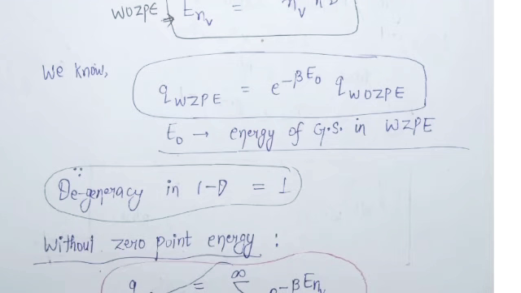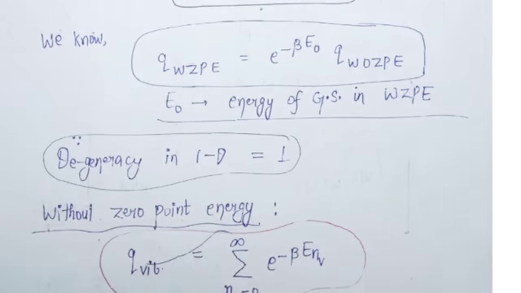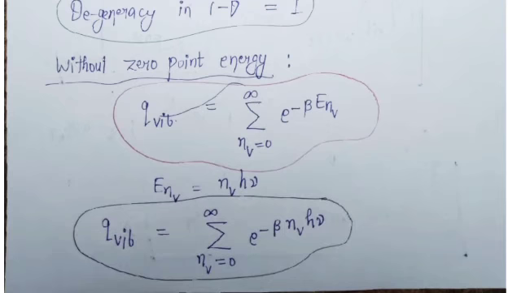So here we have a focus now only on QWOZPE, that is the system without zero point energy. That means the system having the ground state which has zero energy. So here we go. Without zero point energy, we are going to put the energy E_nv in the expression Q vibrational.